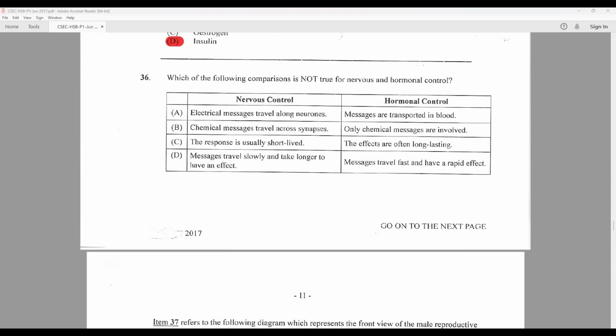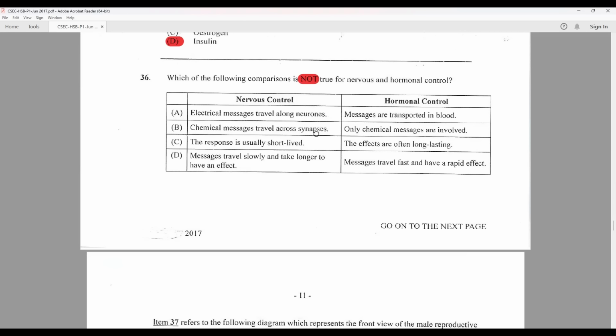Question 36. Which of the following comparisons is NOT true for nervous and hormonal control? I hope everyone is seeing that NOT in capital letters. Electrical messages travel along neurons. That sounds true. Chemical messages travel along synapses.